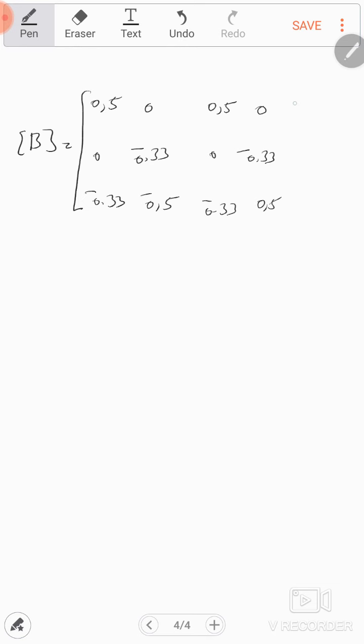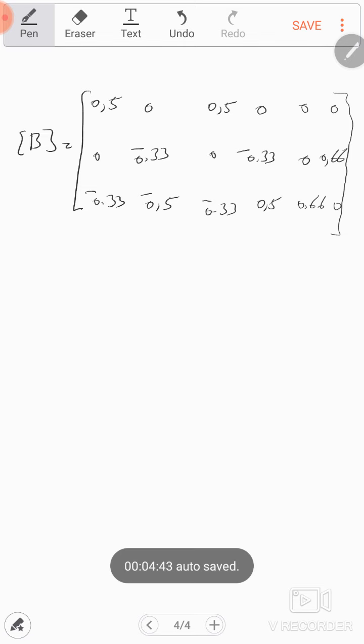And for node number 3: 0, 0, 0, 0.66, 0.66 and 0. This is the B matrix. You can check the values afterward, maybe I made some mistake in the calculation or in substituting values. So now go to the D matrix.